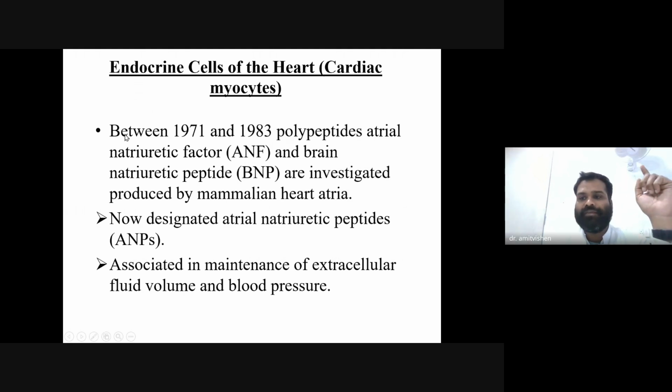Between 1971 and 1983, the polypeptides atrial natriuretic factor and brain natriuretic peptide were investigated, produced by the mammalian heart atria. Now this is known as the hormone secreted by the endocrine cells of the heart. It is known as atrial natriuretic peptide, and it is associated with the maintenance of the extracellular fluid.